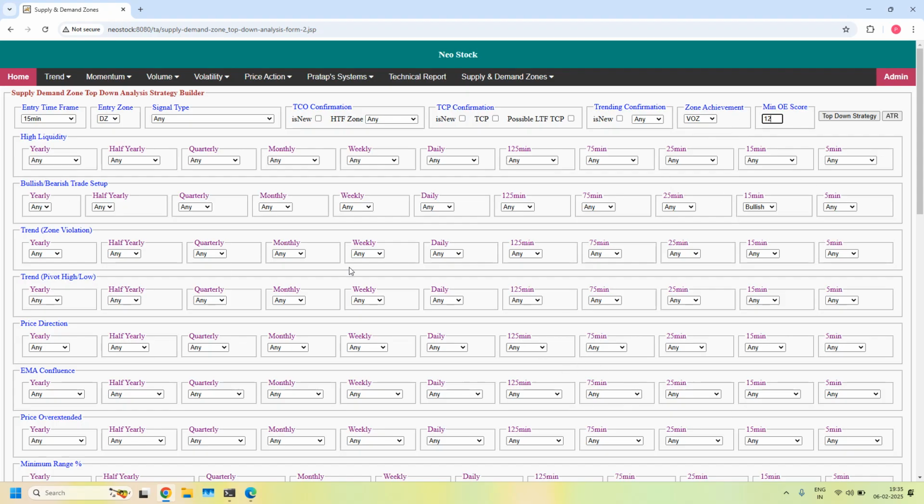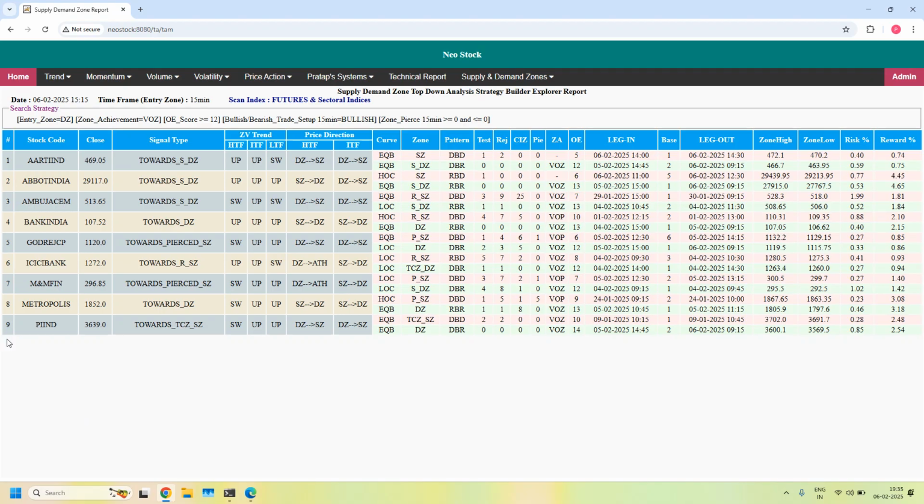The 15 minutes demand zone, all the 3 filters are applied. We got 9 stocks.